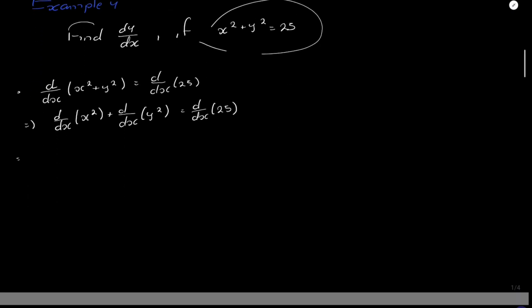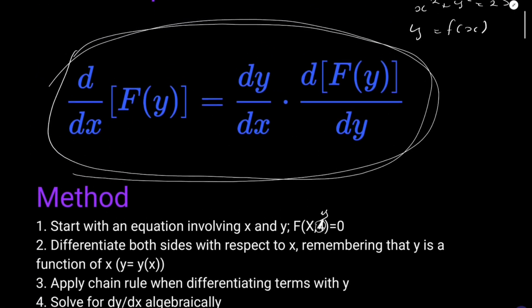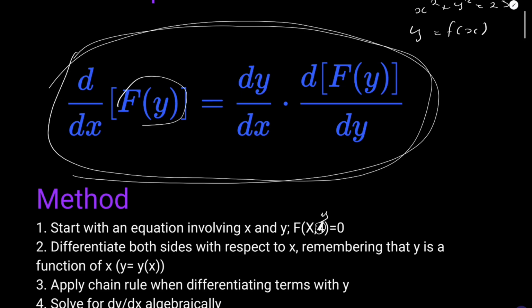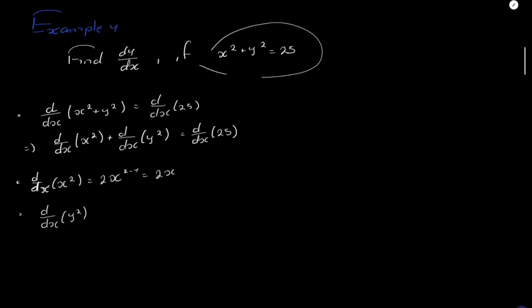So let's start with our first term. What is the derivative with respect to x of x squared? It gives us 2x to the power 2 minus 1, which gives us 2x. Our next term, what is the derivative with respect to x of y squared? If we recall from our formula, the derivative with respect to x of any function in terms of y is the same thing as dy/dx times the derivative of that function with respect to y.